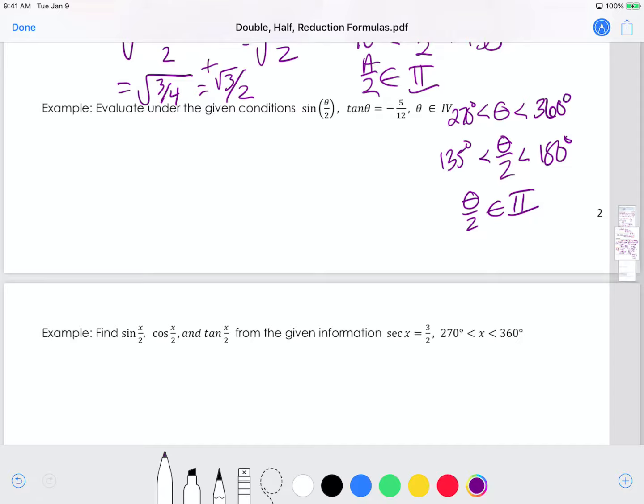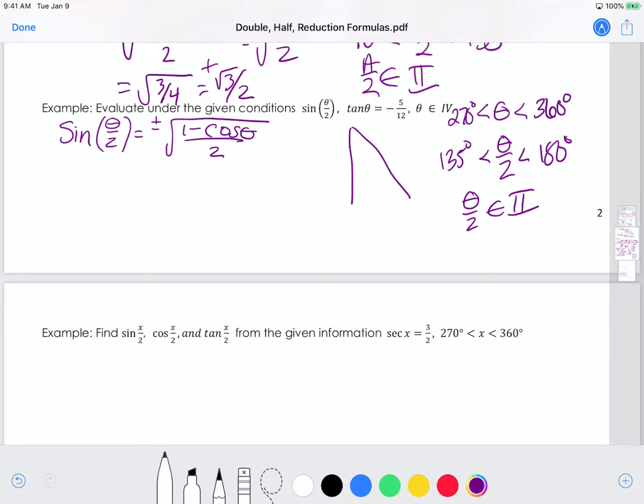Now we're going to make our triangle so that we can figure out what cosine is, because our formula is sine of theta over 2 is equal to plus or minus the square root of (1 minus cosine theta) all over 2. So we need to know what cosine of theta is to plug into our formula.